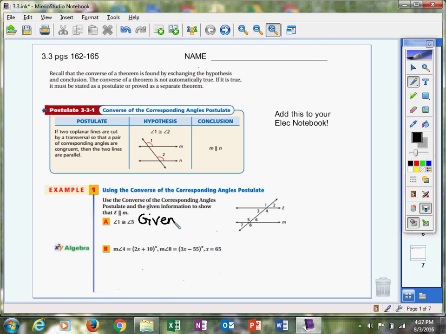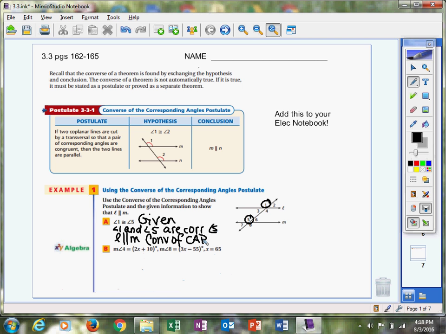And so if you look positionally where angle 1 and angle 5 are located, they are in the corresponding angles. So we can then say angle 1 and angle 5 are corresponding angles. Okay? Therefore, line L is parallel to line M because of the converse of the corresponding angles postulate.